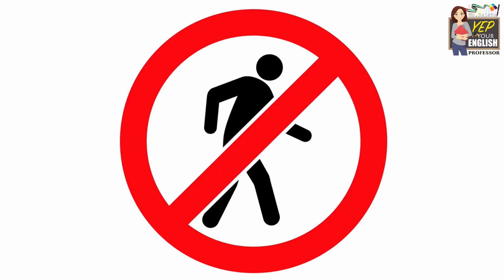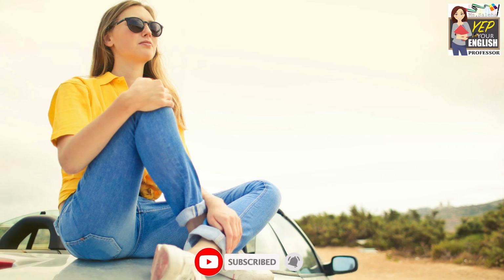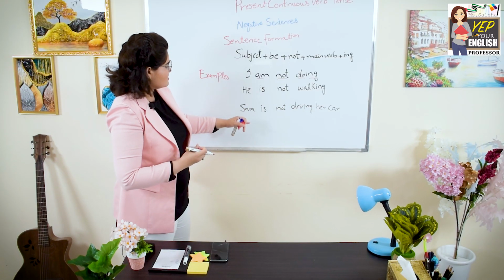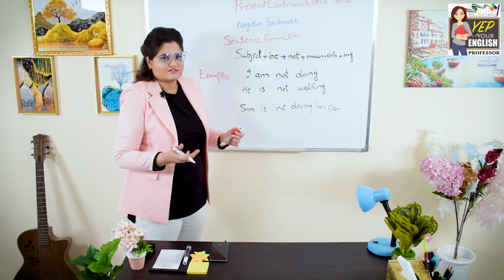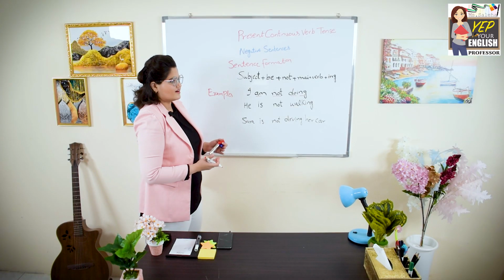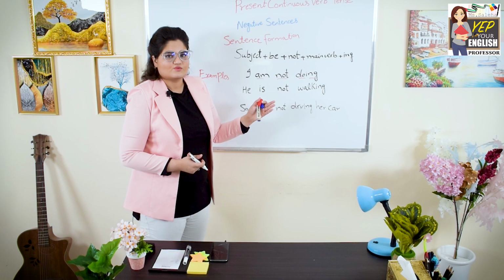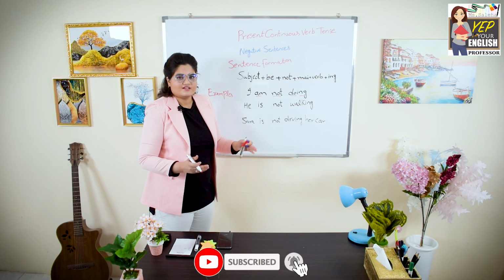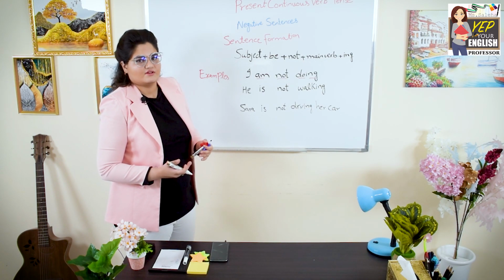He is not walking. Sarah is not driving her car. So the pattern is same with a little bit of difference, but in present continuous tense we always talk about the things that are happening in the current time. In negative sentences we are doing the same. We are defining the things that are not happening in the current period of time.